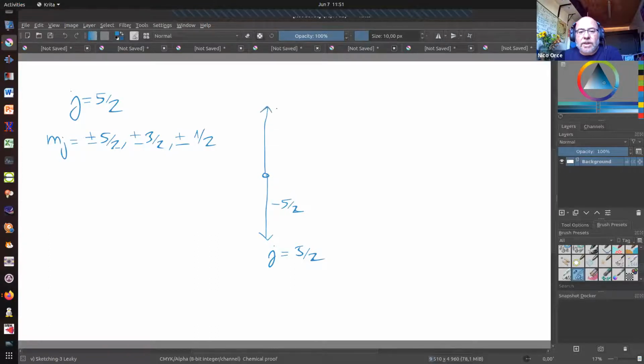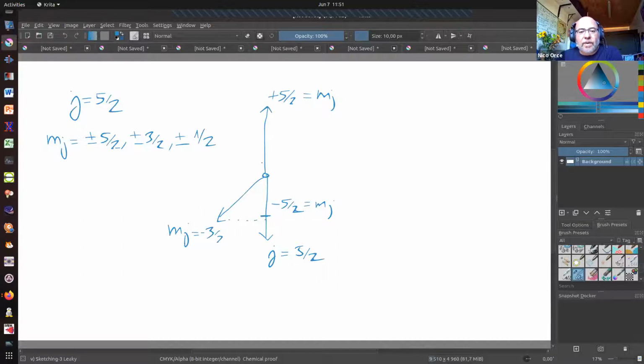Here, the orientation is plus 5/2. This is basically Mj, right? Now it can be 3/2, still the same J, but Mj is equal to minus 3/2, and the projection here is going to be that 3/2, right?